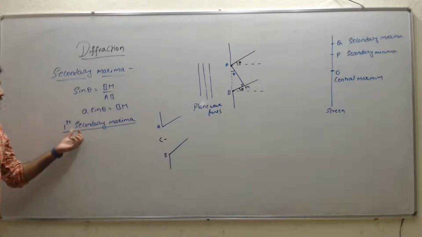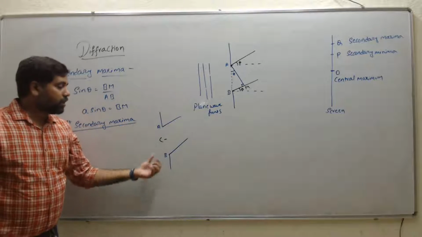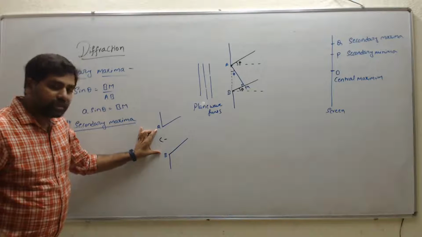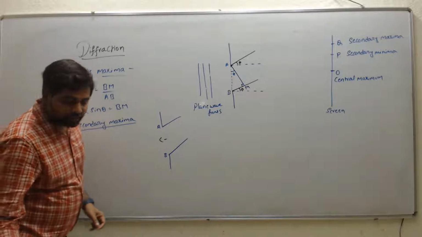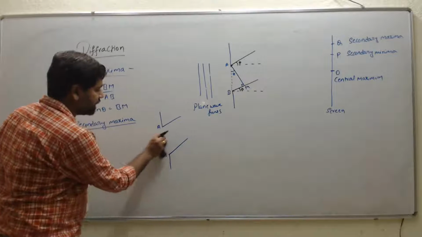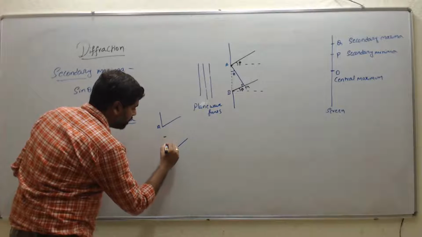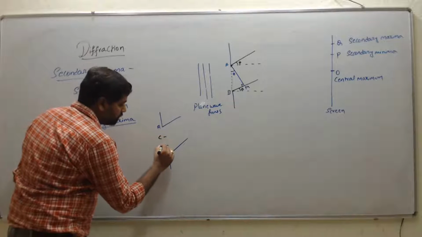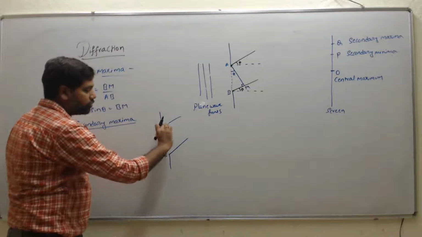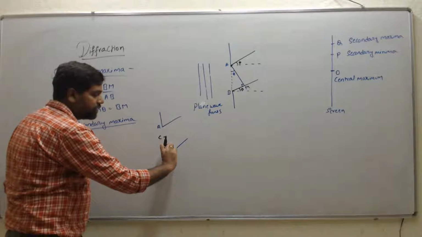Here for the secondary maxima, we imagine this slit AB is divided into three equal parts. So here is one and here is the second, C and D. If we observe, we get the slits AC, CD and DB.